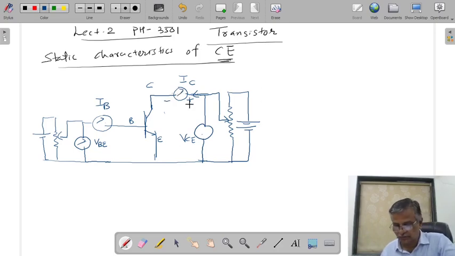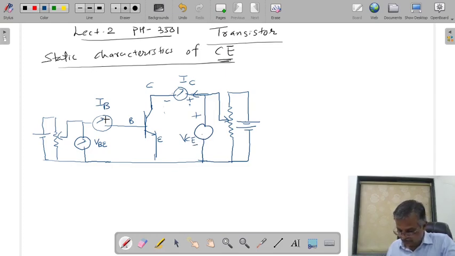Students face the problem of remembering the plus or minus sign. So here I am showing you the plus sign and minus sign. Current flows in this direction. Here plus, here plus, so I have to connect plus here, and here I have to connect the minus sign.